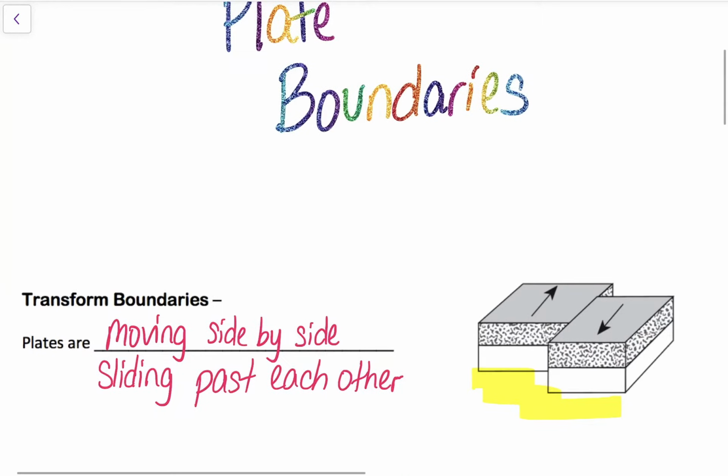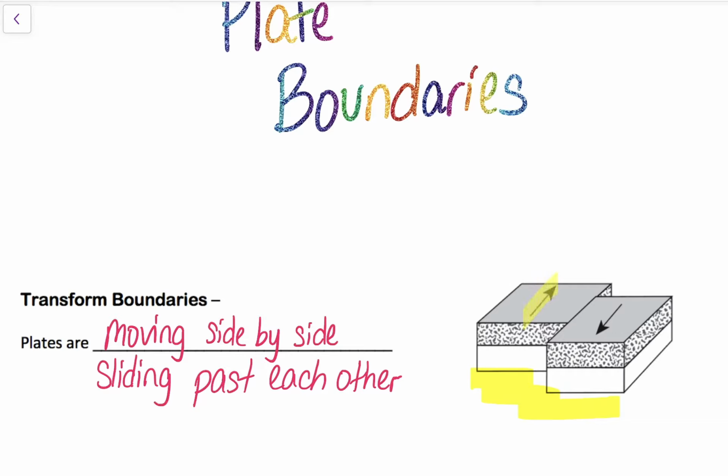Notice that in the diagram, one arrow is moving up, the other arrow is moving down, but they're just rubbing up against each other. They're moving side by side in opposite directions. It's kind of like if you take your hands, put them against each other, and move them side by side.